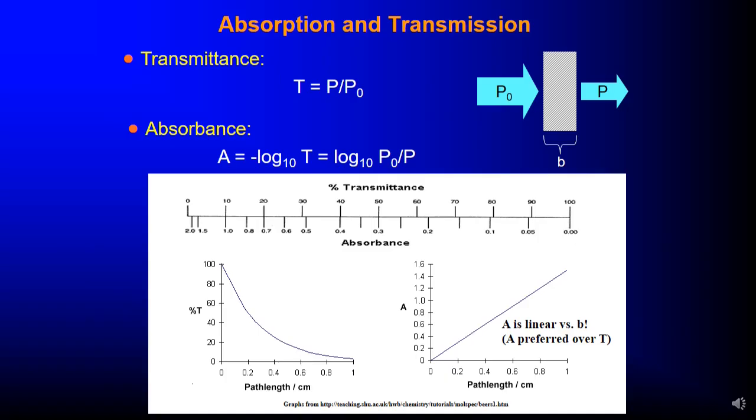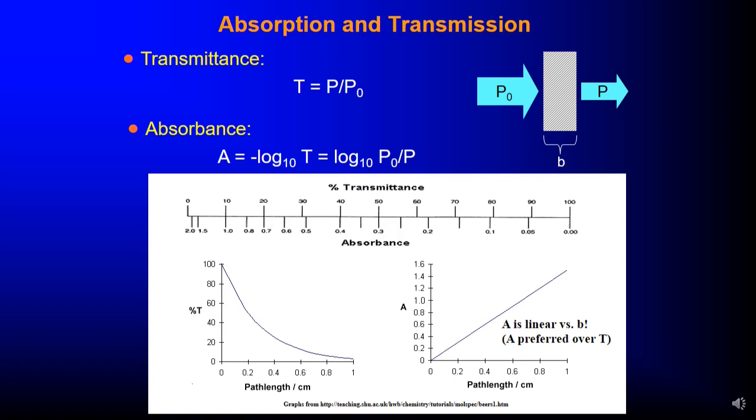So in that case, when something is absorbed, it means there is a fraction that is not passing. So there are two definitions here. We have what we call transmittance and absorbance.